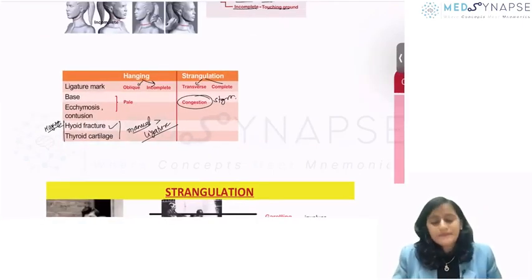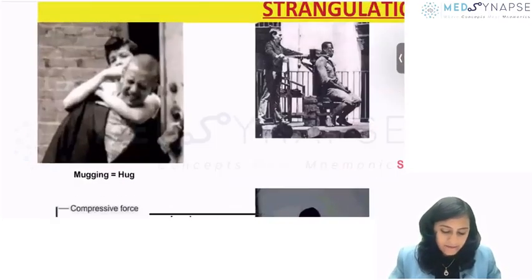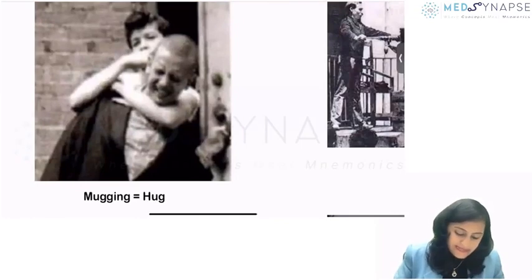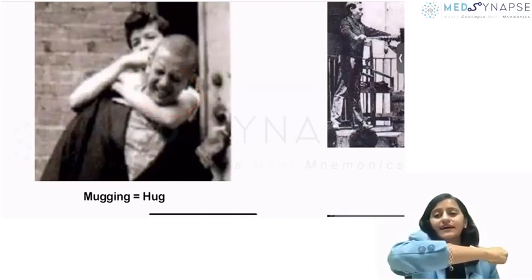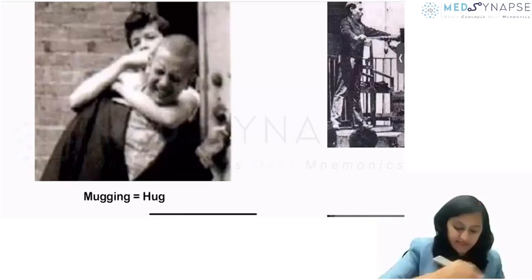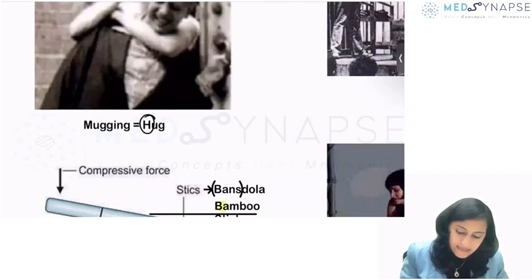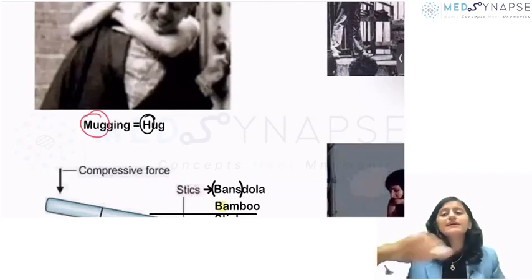Okay. Coming to various forms of strangulation here. This one, where it seems like the person is hugging the other person, but actually not with a good intention, to kill that person. So when you see the elbow being used, remember like a hug is mug. Mugging is hugging.